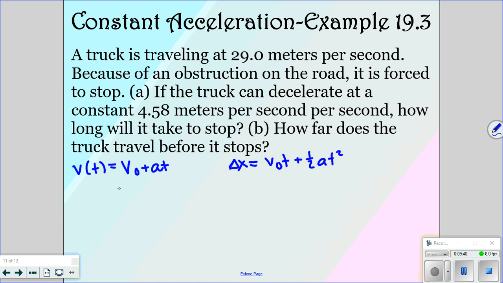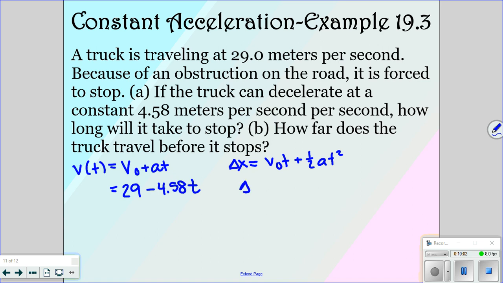So our initial velocity is 29, and our acceleration is negative 4.58 because it's decelerating, it's slowing down. And then we don't know our time. It says how long will it take? We're not sure.